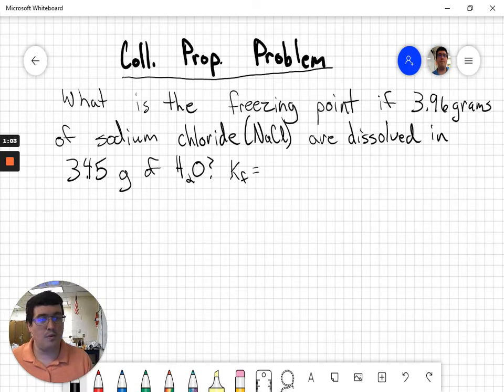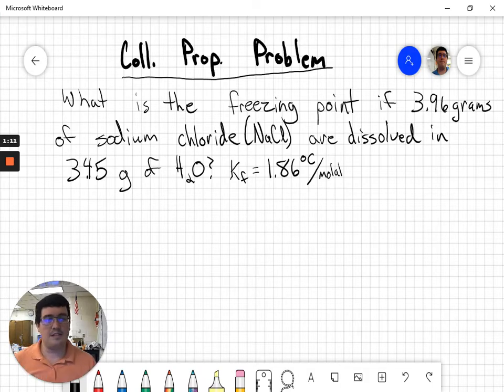Kf equals 1.86 degrees Celsius per molal. So this is the kind of problem that we've got here.